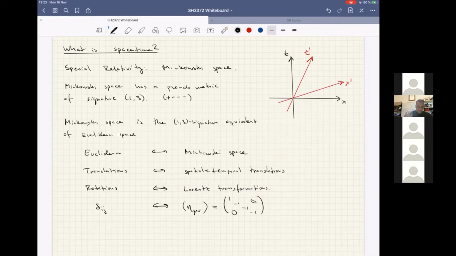So this is the Minkowski space of special relativity.